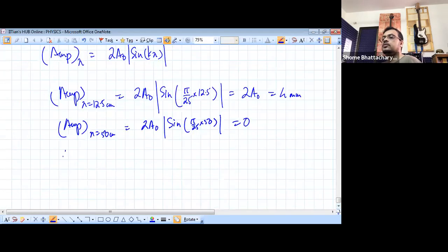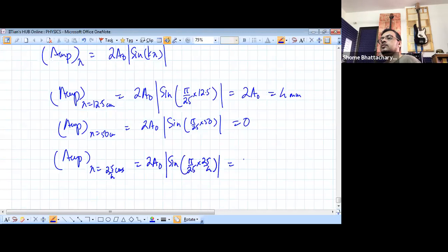And similarly, amplitude at x equal to, what was it, 50 by 25 by 4. Yes. So this becomes the second part solution.